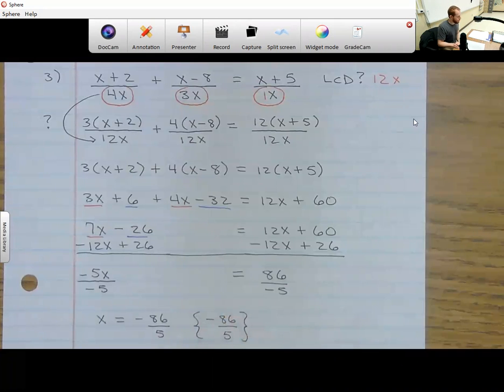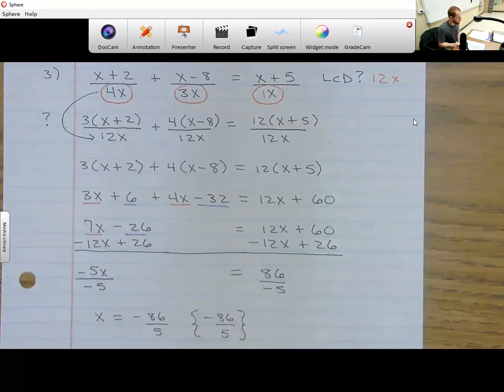So that's the fourth step in my little list of steps that I made. Now the last step would be to check my answer. I still have another problem that I want to do, but a really quick way that I can do a quick check of this answer would be to see if it makes any of the fractions have a denominator of 0, right?